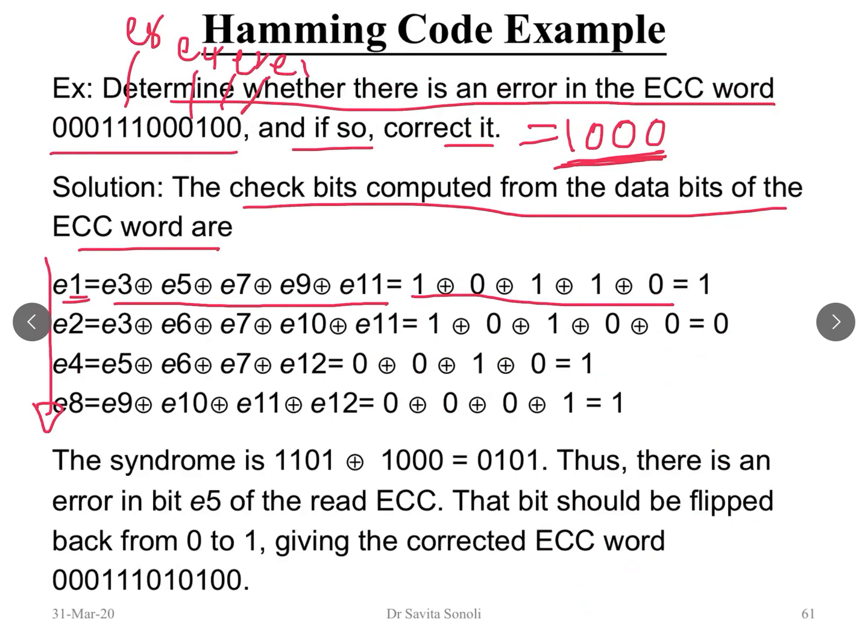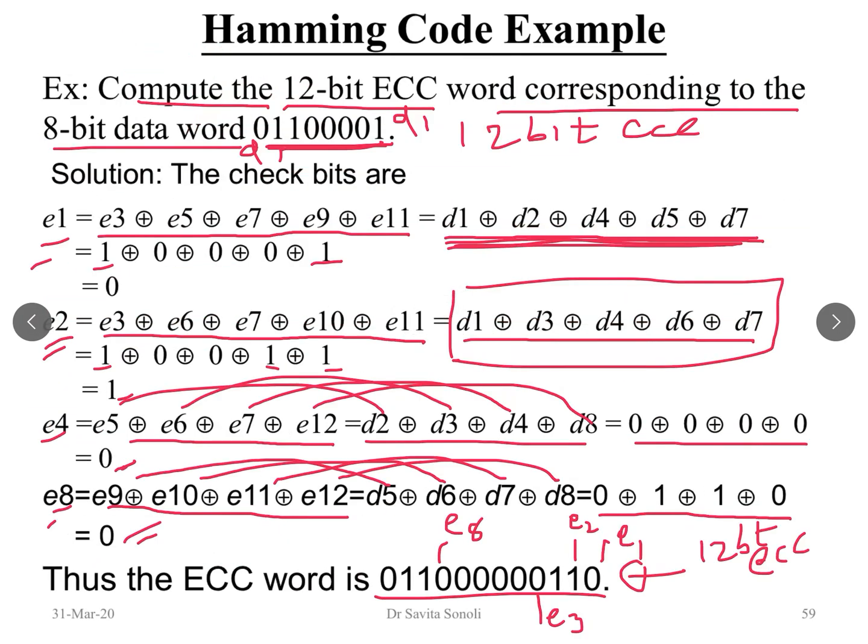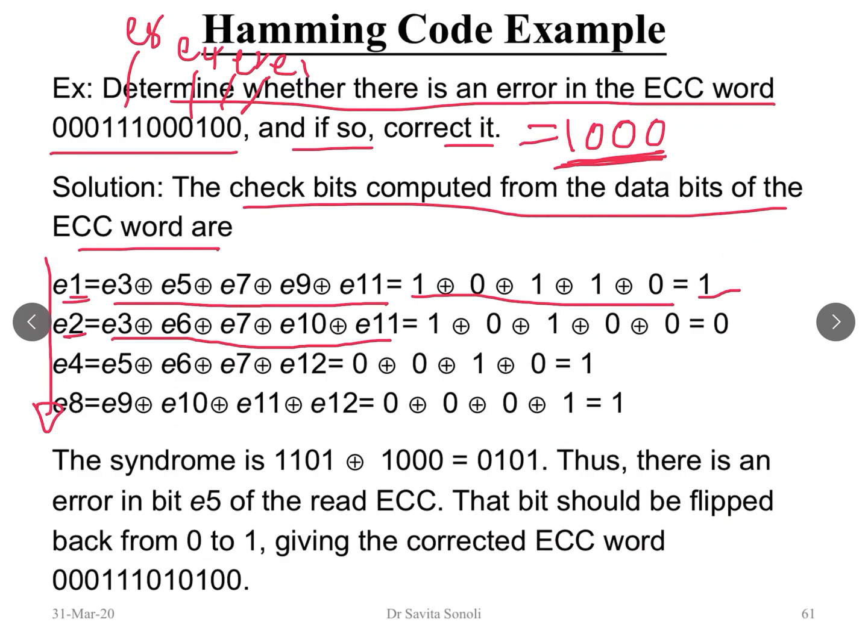So if you XOR them, that is 1, 0, 1, 1, 1, 0. So you are going to get it as 1. Similarly, E2. E2 is XORing of E3, E6, E7, E10 and E11. Nothing but XORing of D1, D3, D4, D6 and D7. So this value you are going to get as 0. Even number of ones are there.